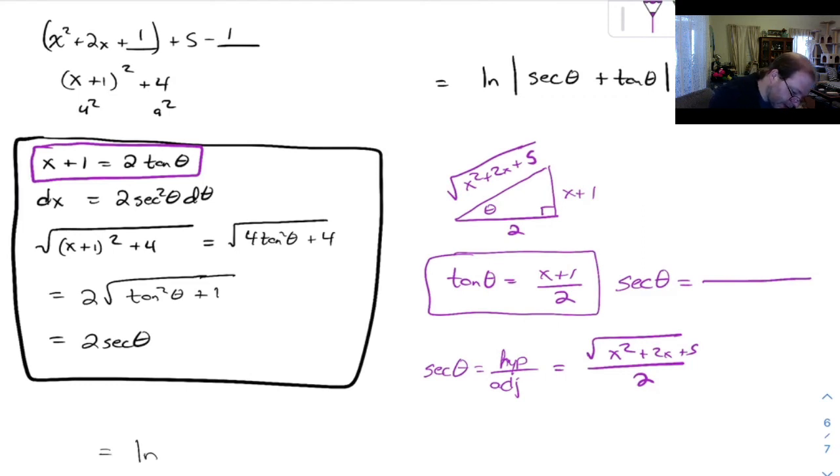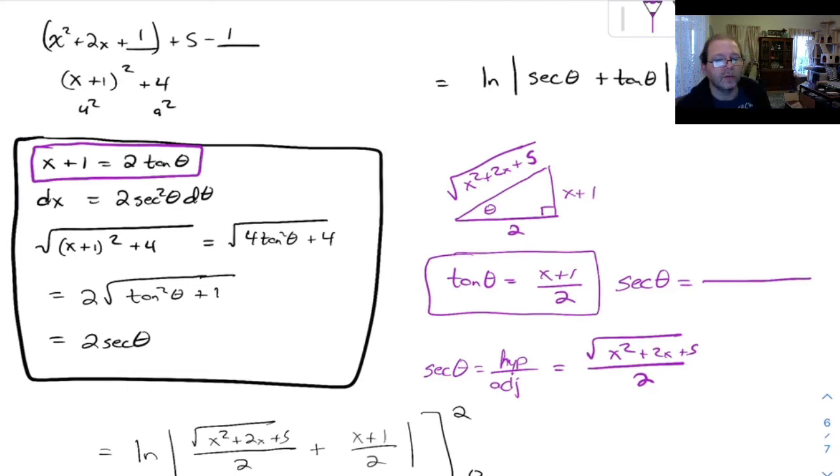So I've got ln of secant theta. Well, let's see, secant is x squared plus 2x plus 5 over 2, plus tan, x plus 1 over 2. And we're supposed to integrate this, or plug in 0 and 2 and see what we get.